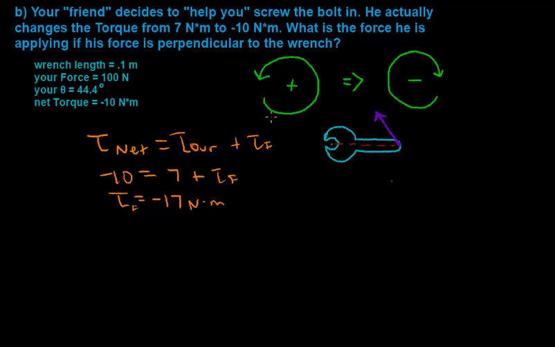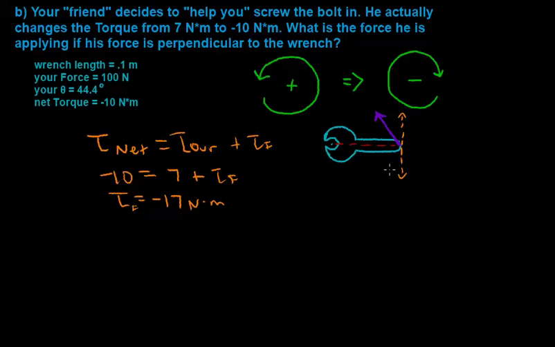And we can use the right hand rule to help us out with that, because we know that our friend's force has to be perpendicular to the length of the wrench. So it's either going to be pointing this way or this way, up or down.